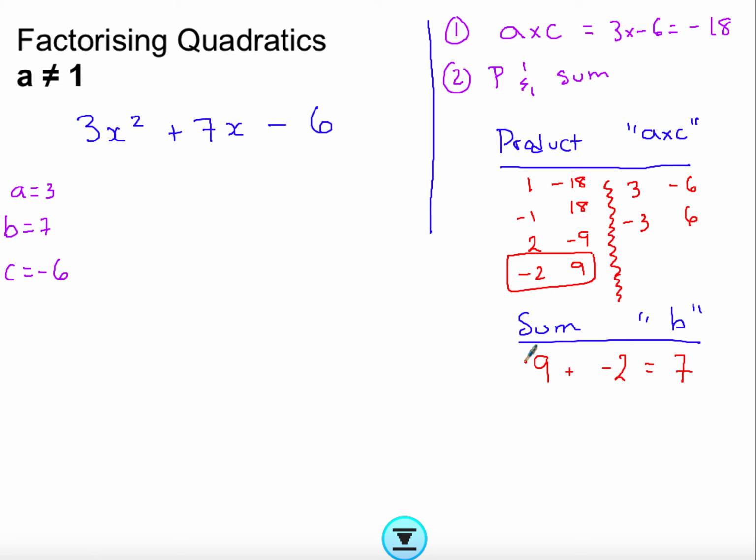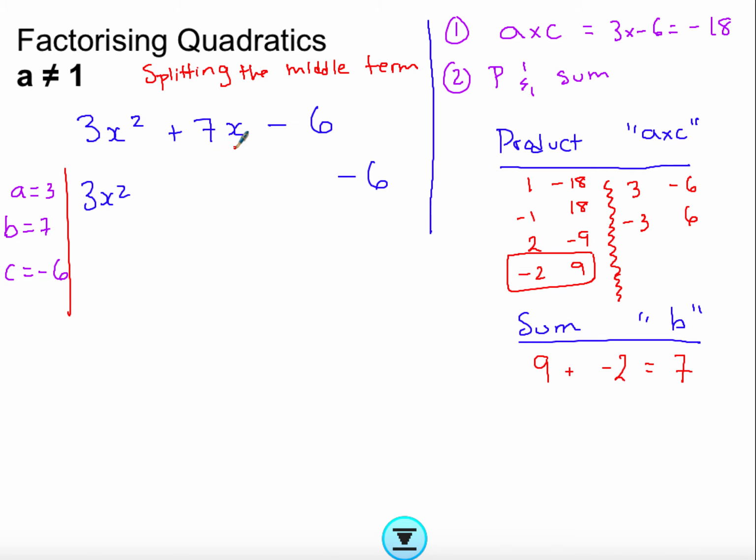Now, the factorization unfortunately does not go as straightforward. What you're going to do is called splitting the middle term. And that's precisely what it means. You're going to split the middle term. So we're going to write 3x squared stays the same, negative 6 stays the same.